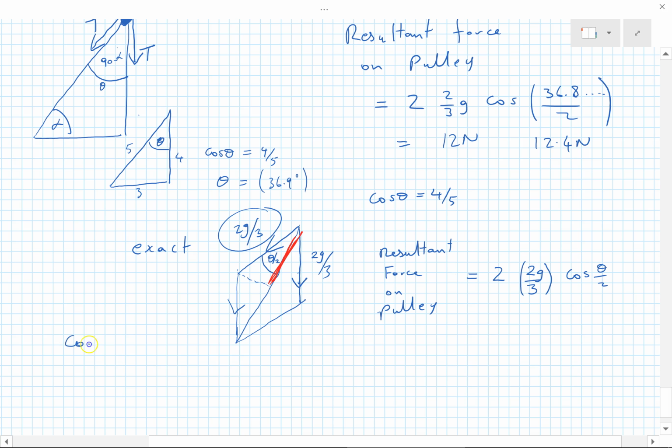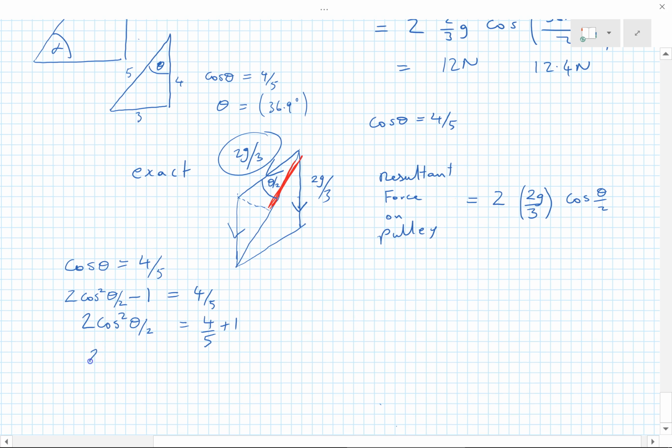If we've got cos theta equals 4 over 5, using the double angle formula, we know that 2 cos squared theta over 2 minus 1 equals cos theta, which is 4 over 5. That gives me 2 cos squared theta over 2 is equal to 4 over 5 plus 1.